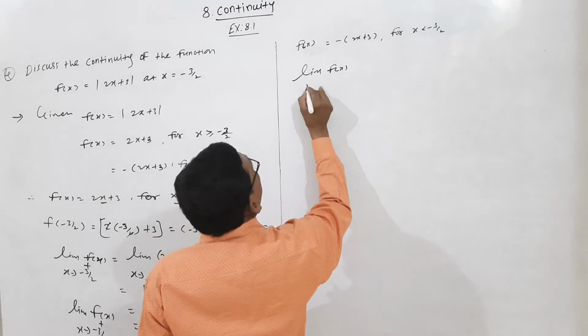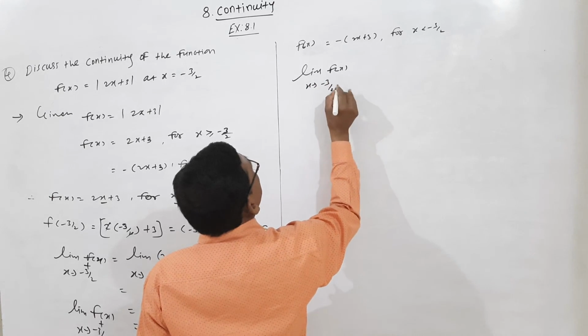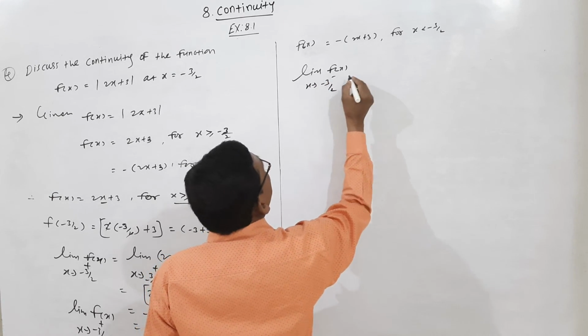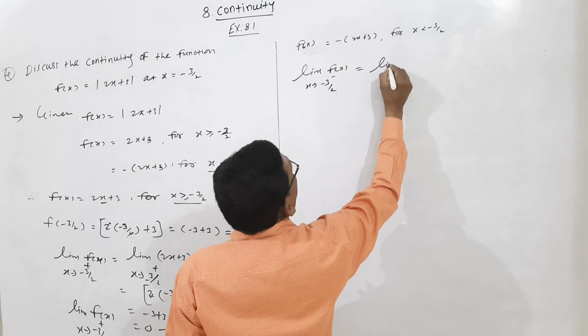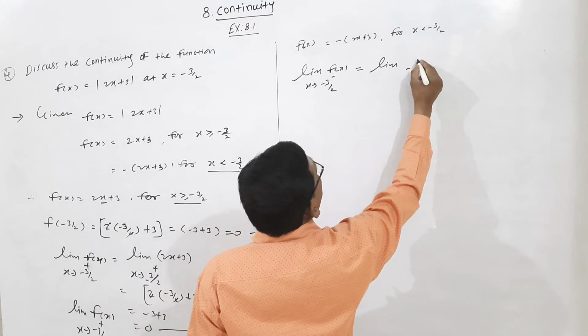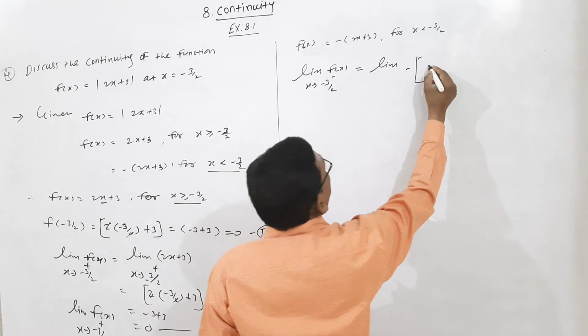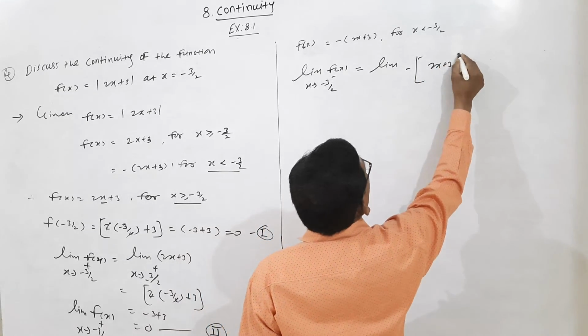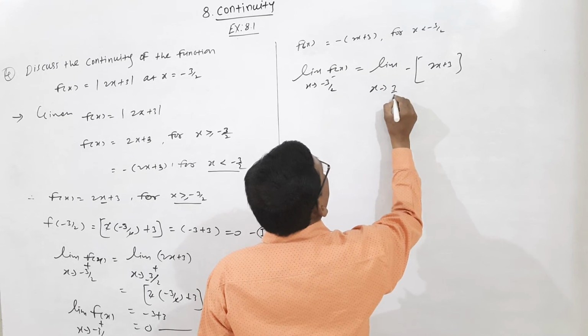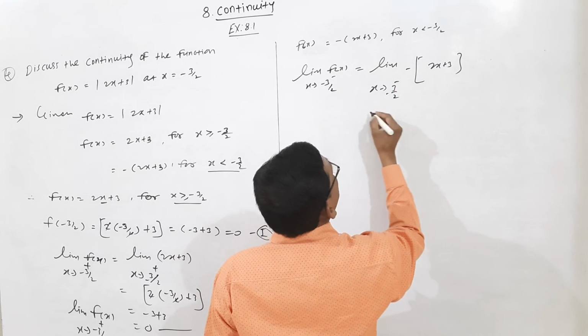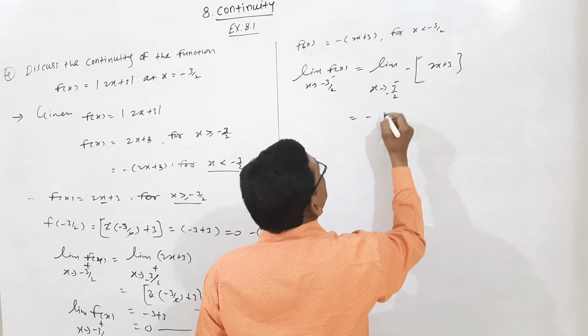Limit of f of x as x tends to minus 3 by 2 minus is equal to limit of minus of 2x plus 3 as x tends to minus 3 by 2 minus.